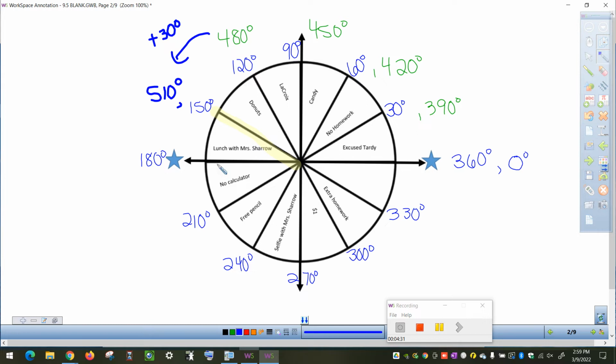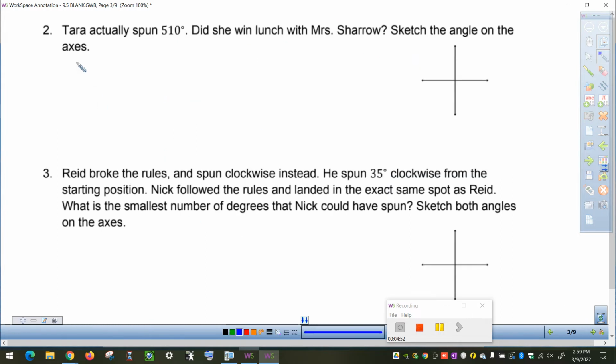And because we're still on a line that's touching the option of lunch with Miss Shero, that could still be an option to win. So I'm just going to make a note here that Tara just went one more time around the circle.